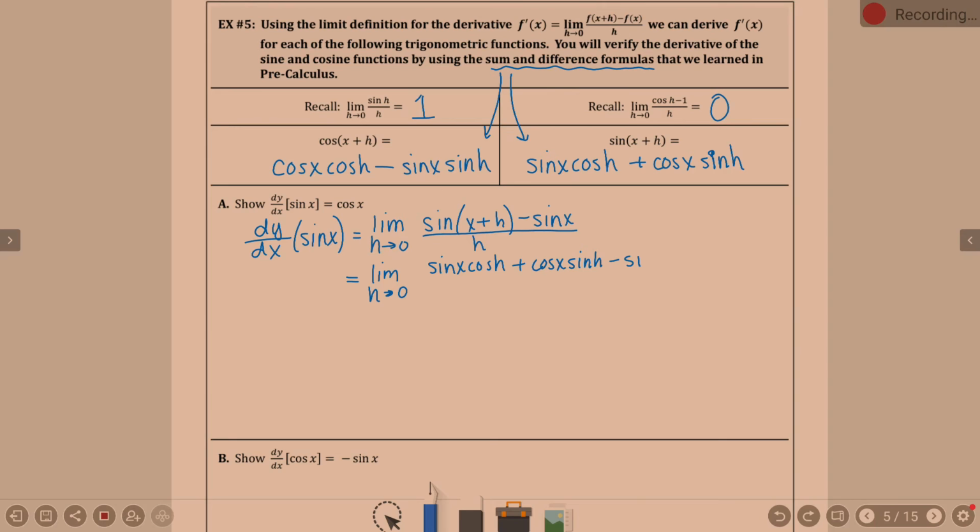We still have the minus sine x at the end and the divided by h on the bottom. And until we get rid of that h, we can't do this problem, right? Because we're dividing by 0. Now, trying to think, how did I do this?